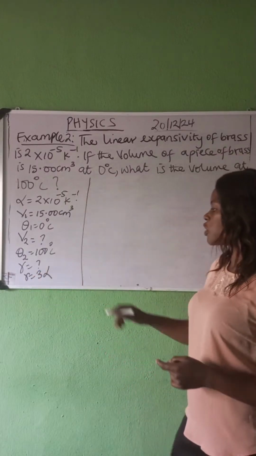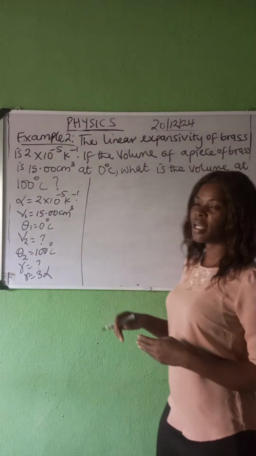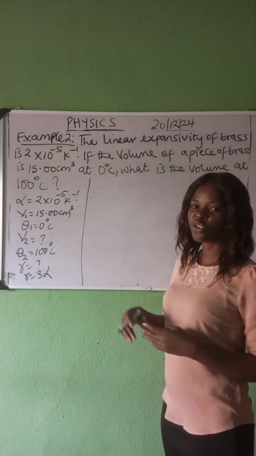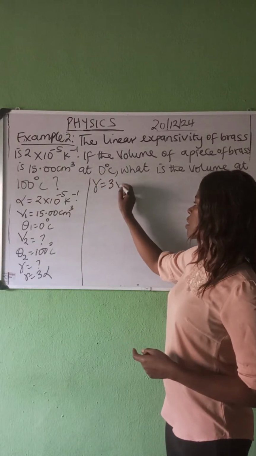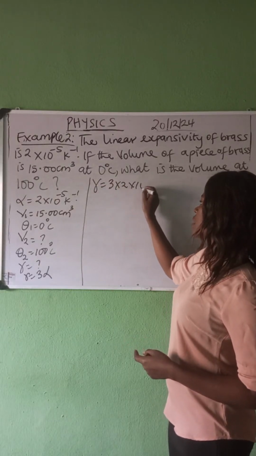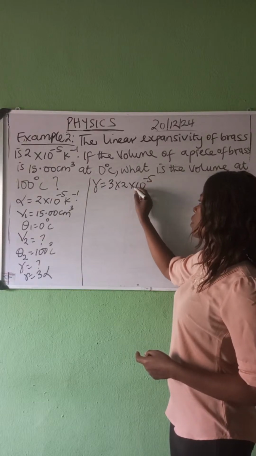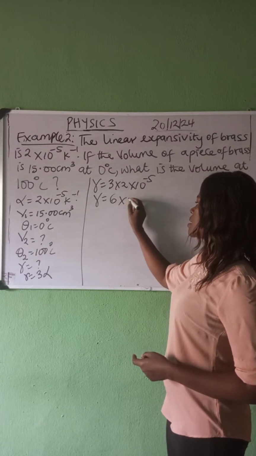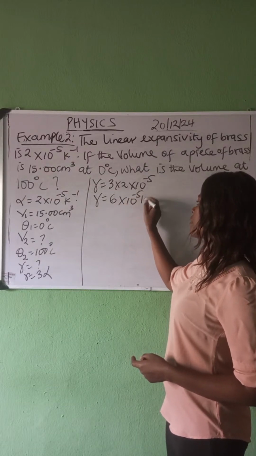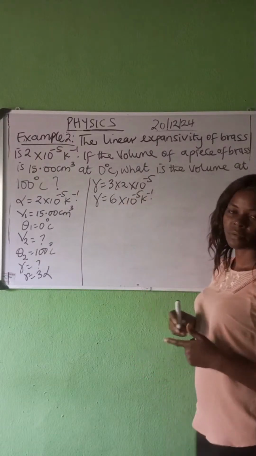Since gamma is equal to 3 alpha, and we are given the linear expansivity, we just multiply by 3. So gamma is equal to 3 times 2 times 10 raised to power minus 5. Now it's going to give us 6 times 10 raised to power minus 5 per Kelvin.